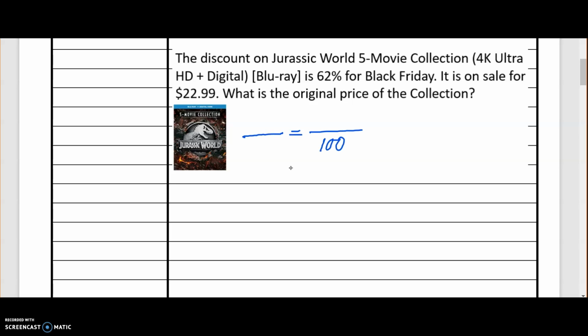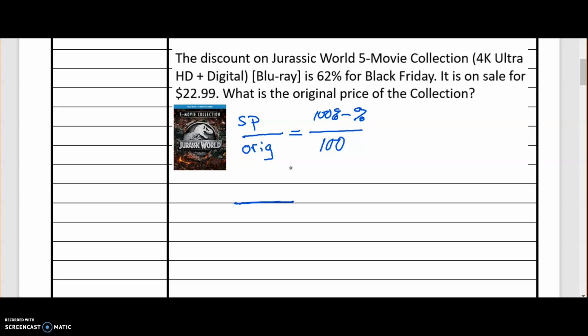So you got to do 100% minus the discount. So the percent. And then the sale price is going to be over the original. So that proportion right here will work for these problems.